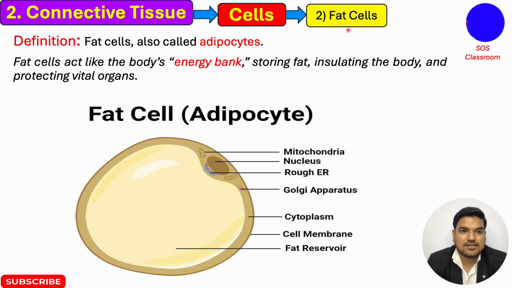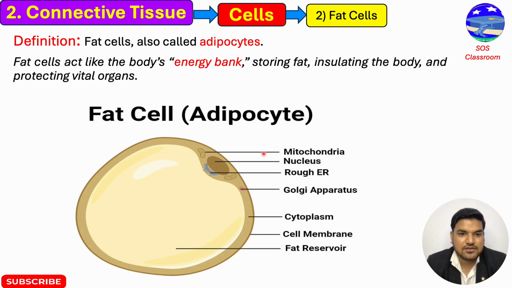Next is the fat cells. Fat cells are also called the adipocytes. So adipocytes work as an energy bank because it stores the fat in the form of triglycerides. The stored fat is helpful for insulating the body and protecting vital organs.